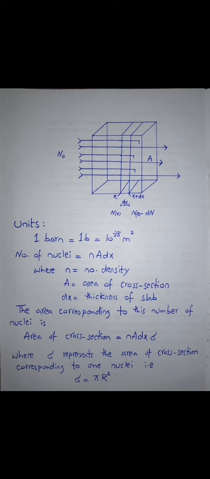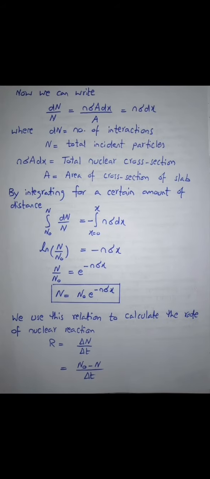And moving on, we can say that the number of interactions divided by the total incident particles is equal to the total nuclear cross section divided by the area of cross section of the slab.